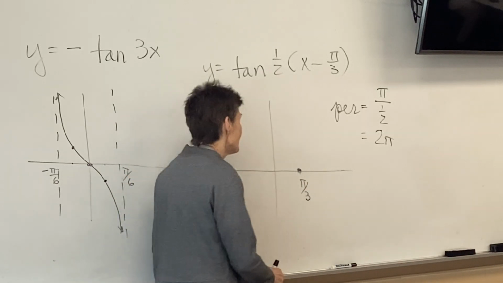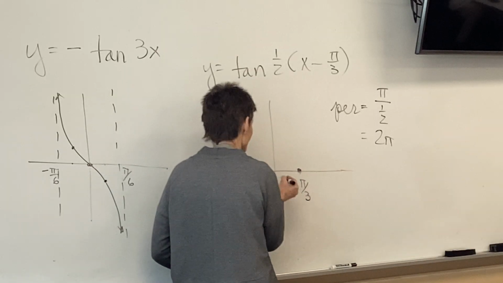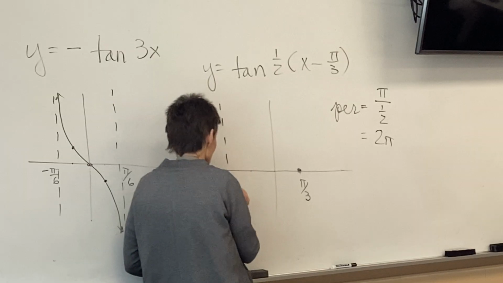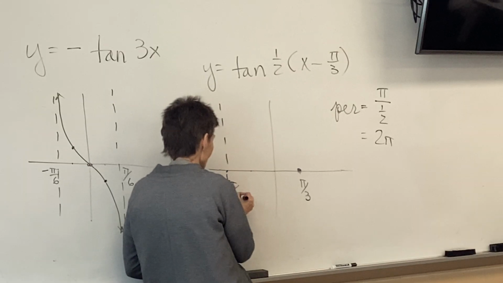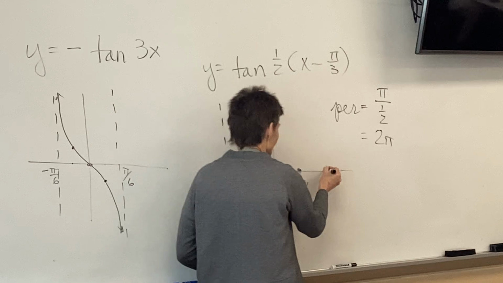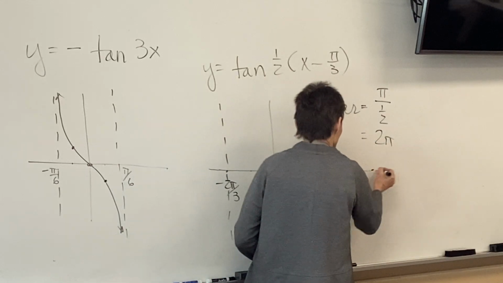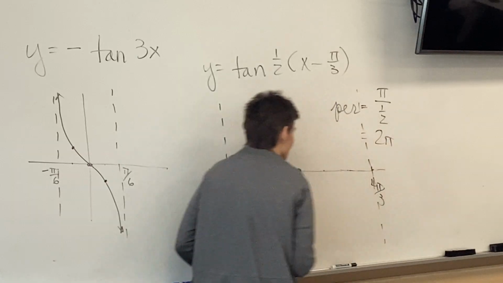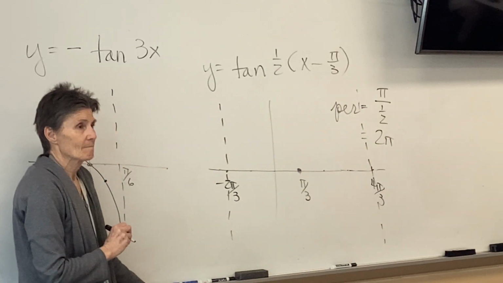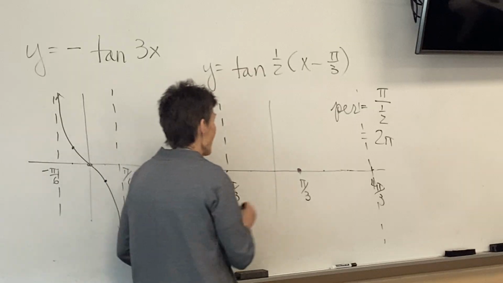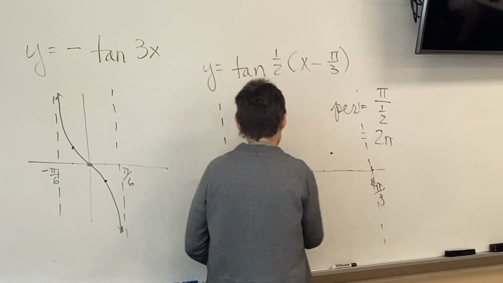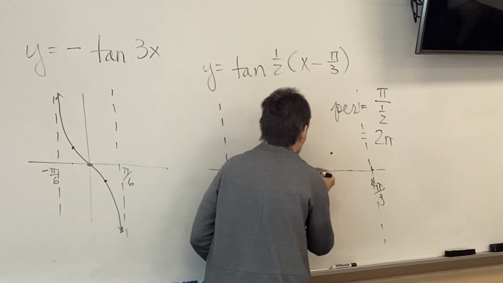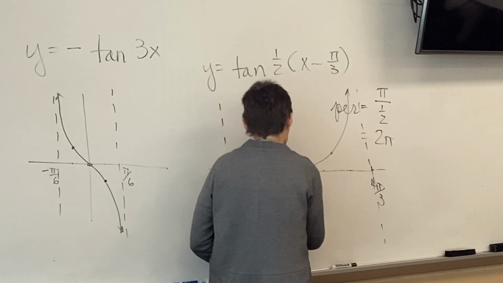Pi, thank you. So I'm gonna go pi, so that's a third, so there's 1, 2, 3 thirds here. So this is negative 2 pi over 3. And this would be 4 pi over 3. And then halfway in between, I'm up 1 and down 1. So there I am.